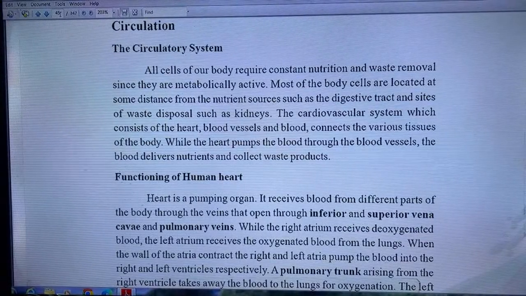The cardiovascular system, which consists of the heart, blood vessels, and blood, connects the various tissues of the body. While the heart pumps the blood through the blood vessels, the blood delivers nutrients and collects waste products.